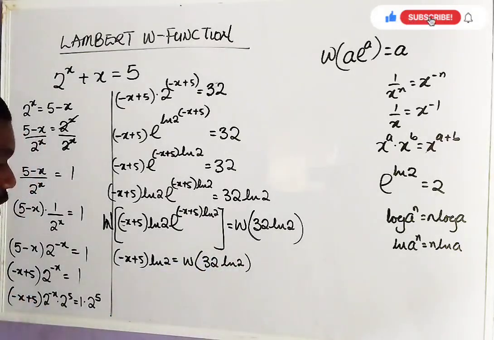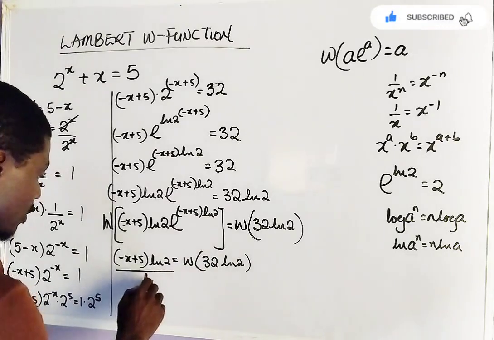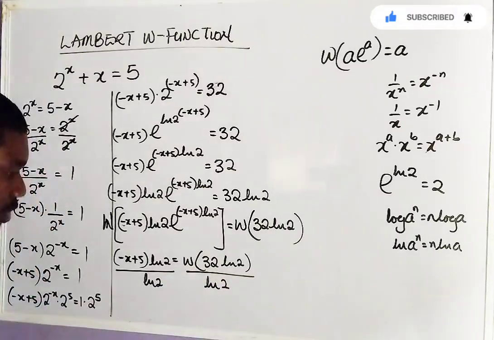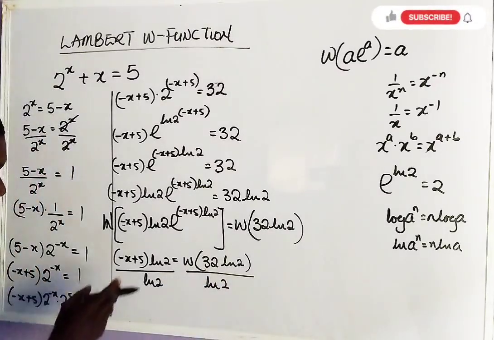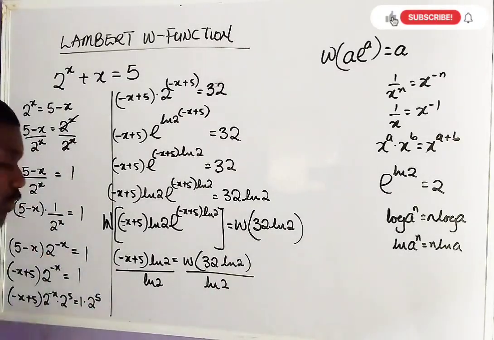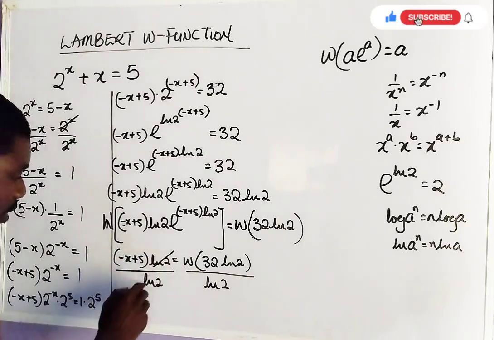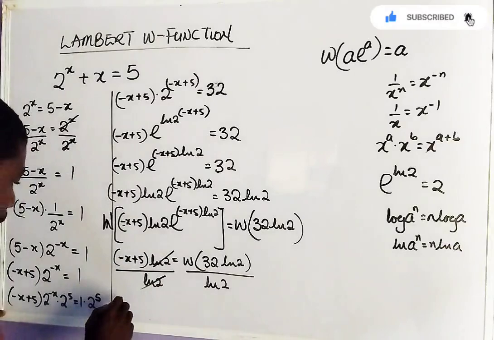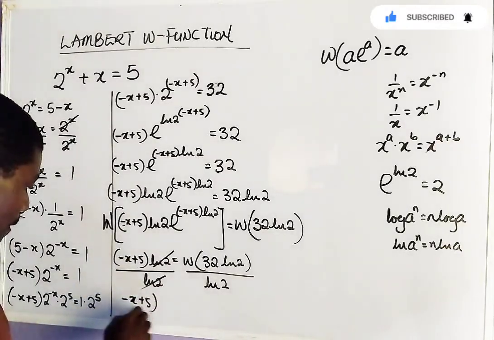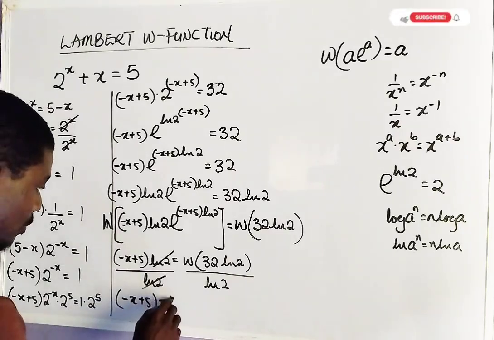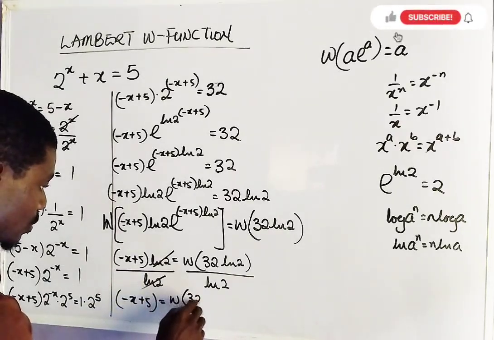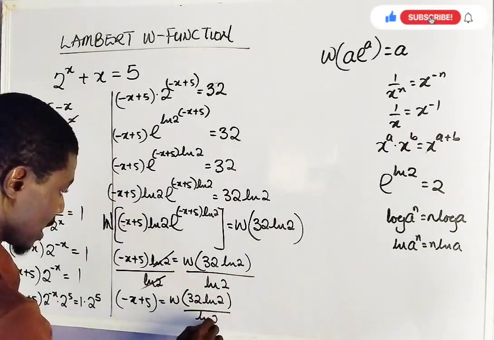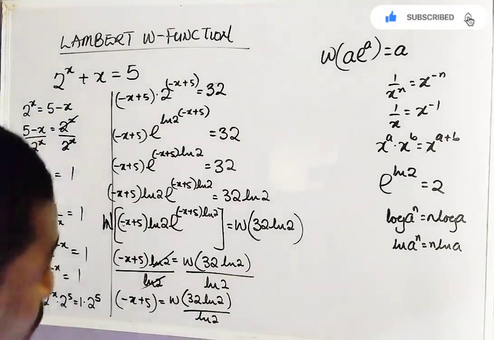Now what we just need to do here is divide both sides by ln 2, to ensure that we are drawing closer to making x the subject of the relation. Then we eliminate. So here we have minus x plus 5 equals W of 32 ln 2 all over ln 2.